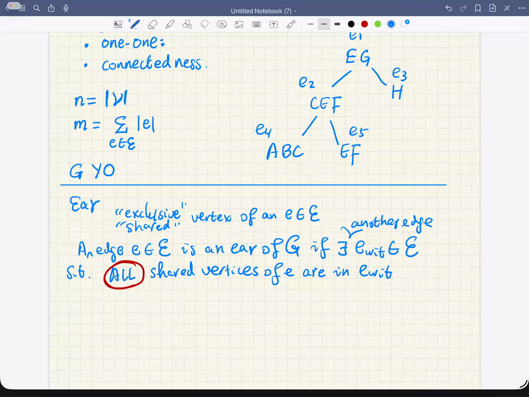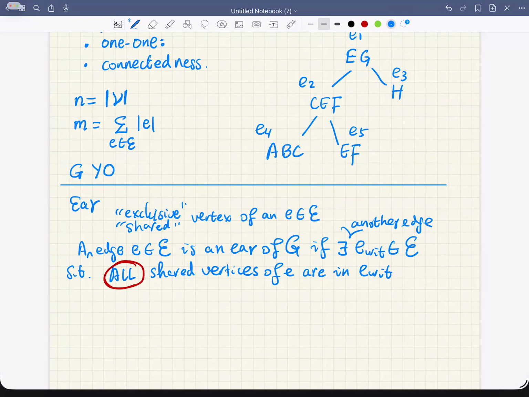Now I can say E wit will be referred to as a witness of E. So basically, E has this property, but this definition requires another edge, and that edge serves as the witness. If this definition is difficult, think about the definition you would be reading from a textbook.